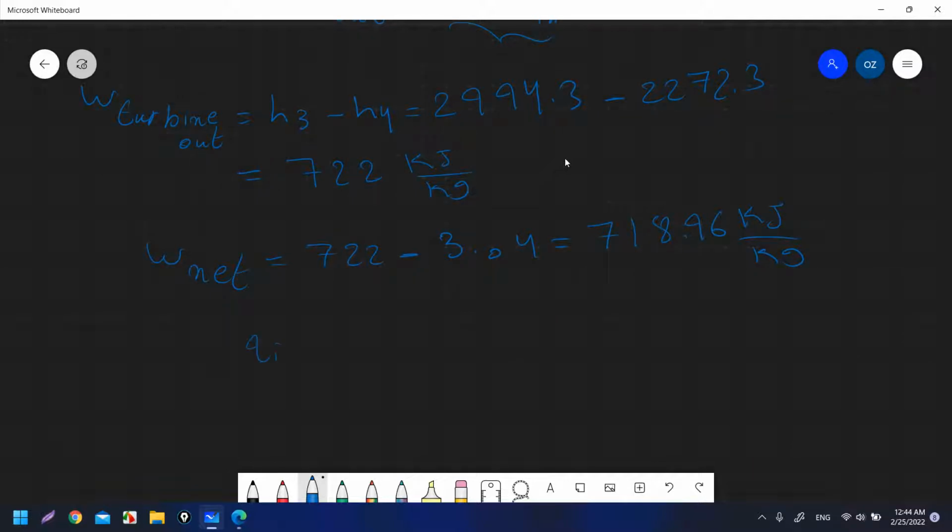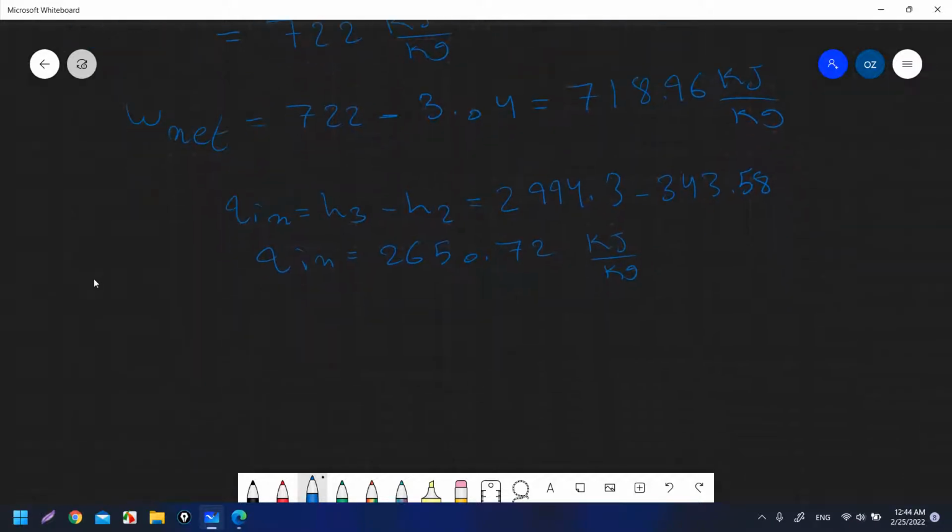Okay, what about if we solve using this other equation? Qn is equal to H3 minus H2, the right minus the left. H3 is 2994.3 minus H2, 343.58, and this will give you that Qn is equal to 2650.72 kilojoule per kilogram.